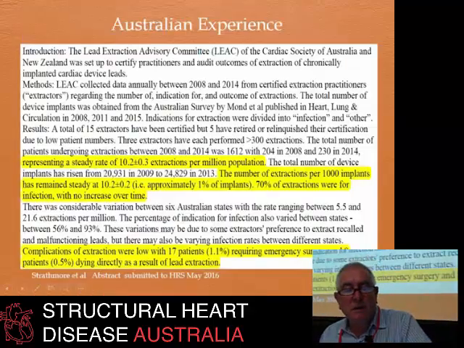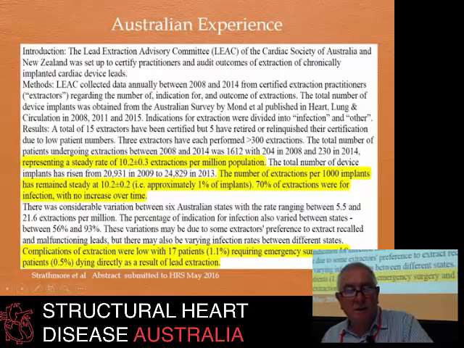The results, when they were summarised, basically show that there's been a steady state extraction rate in Australia since 2008. The number of extractions per 1,000 implants has remained steady at about 10, and for 70% of patients, the indication was infection.